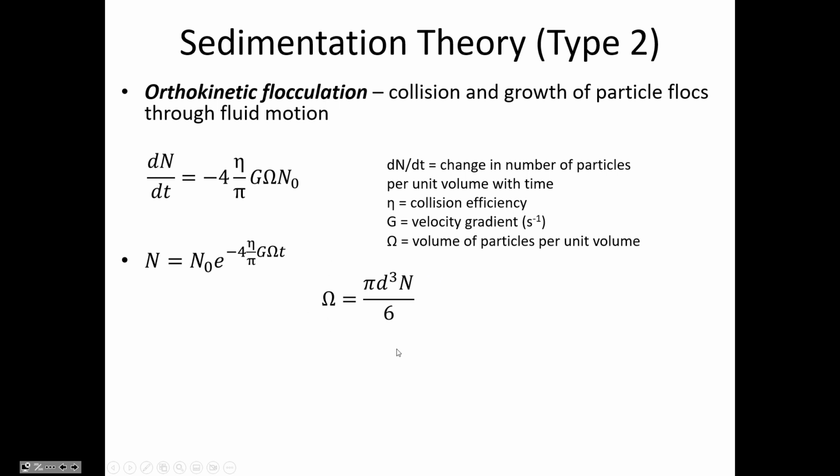So this term is saying, if you've got, for example, a cubic centimeter of water, what fraction of that volume is occupied by particles relative to what fraction of it is occupied just by the liquid itself. And this assumes uniform particle distribution. You have to know the diameter of the particles, and it assumes that they're spherical, but at least we're not assuming that the particles are settling without any interaction between them.